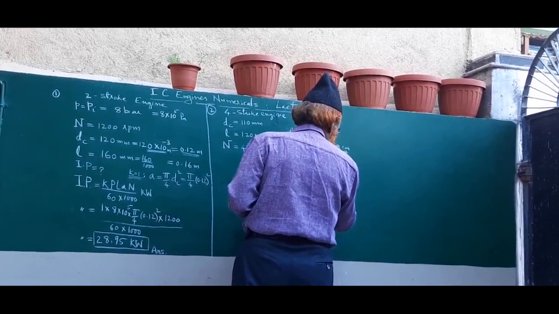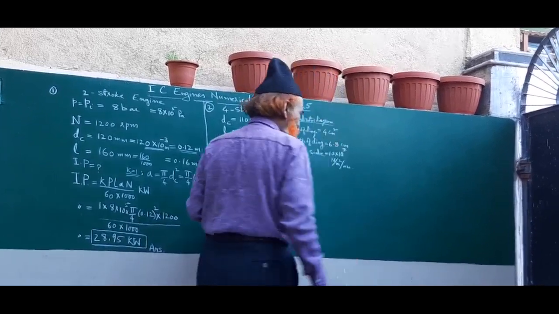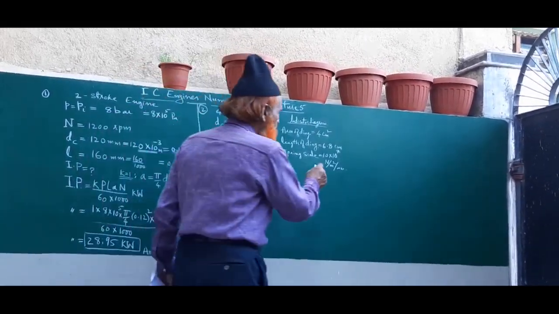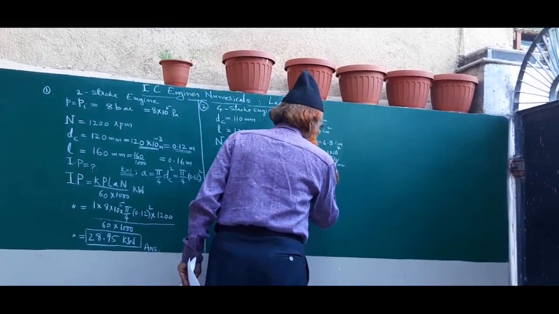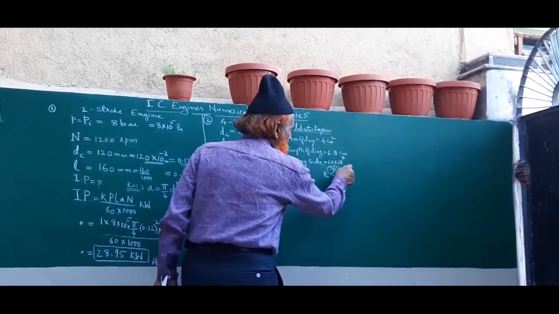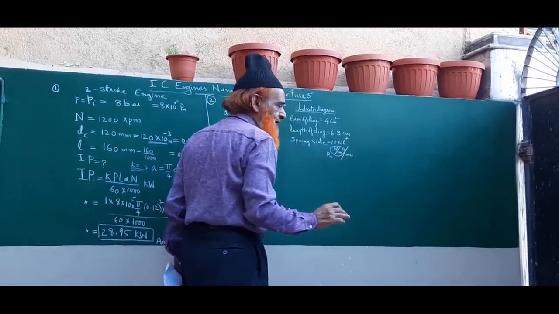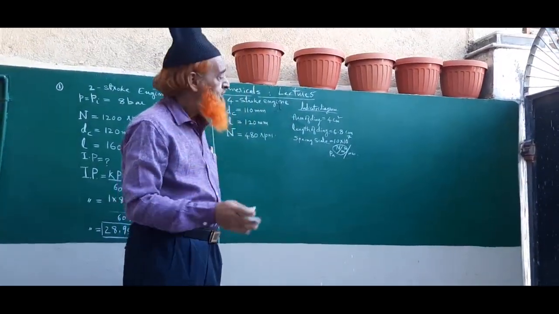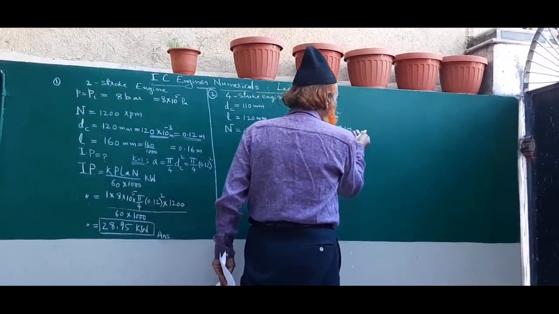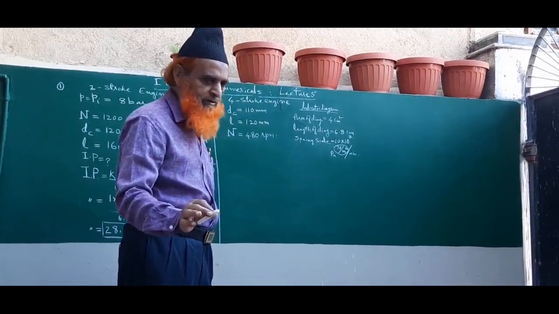Newton per meter square per mm. Newton per meter square is nothing but Pascal. Therefore, we can say this as Pascal per mm. Are you able to understand? Newton per meter square is nothing but the Pascal. That is unit of pressure. Therefore, spring scale will become so many Pascal per mm.